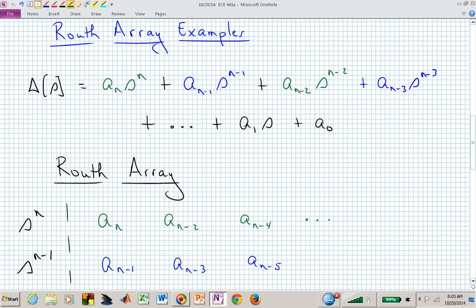The second row in our Routh array starts with the coefficient associated with the power of s 1 less than the highest, and then we simply go down from there. We go a sub n minus 1, a sub n minus 3, a sub n minus 5, until we run out of coefficients.